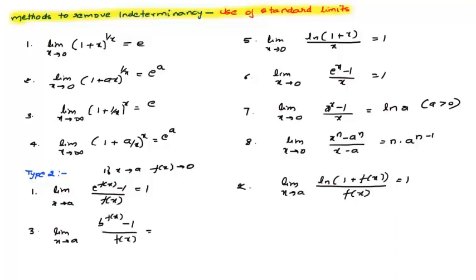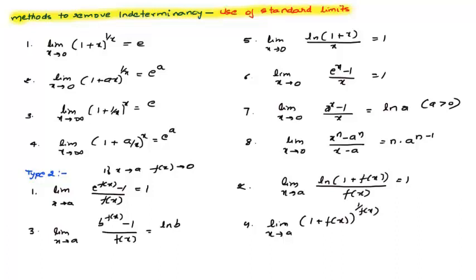This will be equal to ln of b. Next one is limit x tending to a, (1 plus f of x) whole raised to power 1 by f of x.